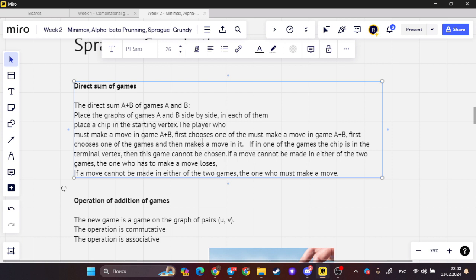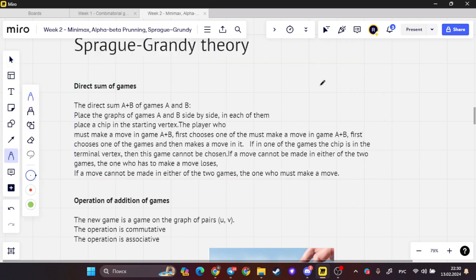Non-formally, if we have two combinatorial games, these games are represented as graphs with two states. We have two games, A and B: A equals G1, S1, and B equals G2, S2.